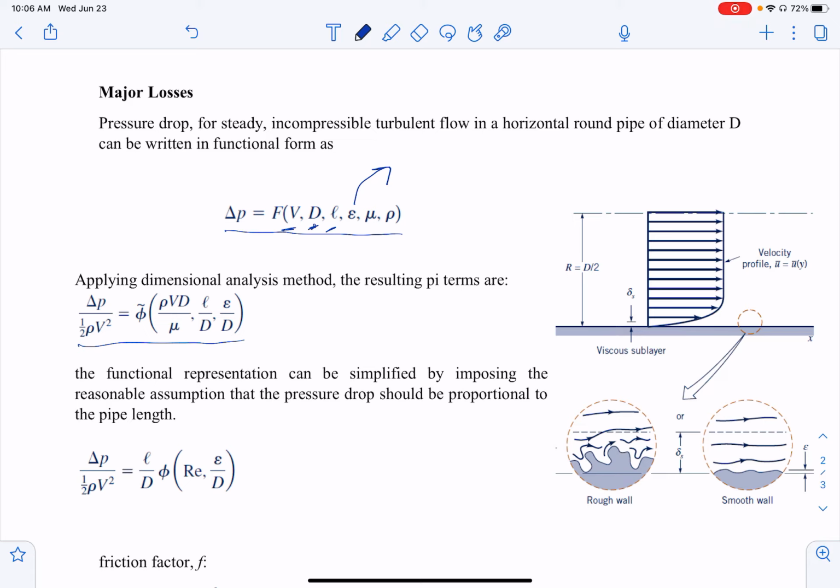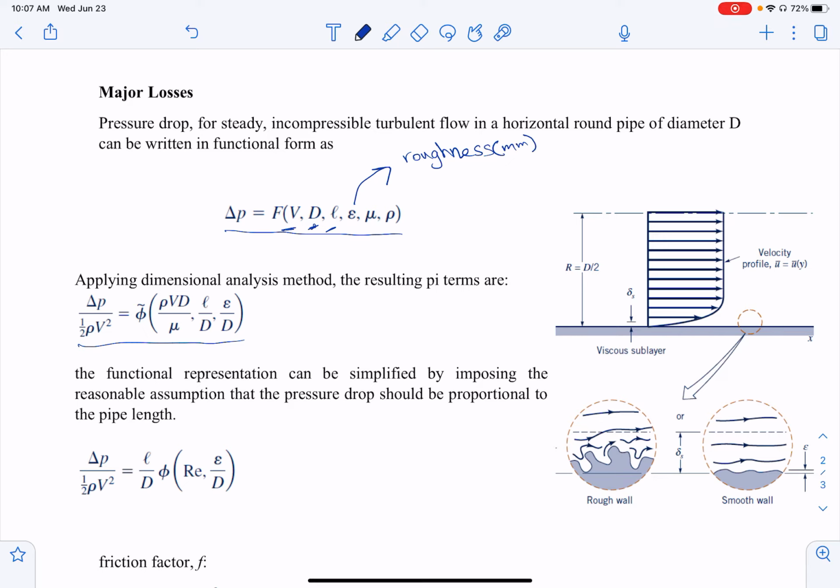And this one here, we call it roughness, epsilon, and it's usually in millimeters.